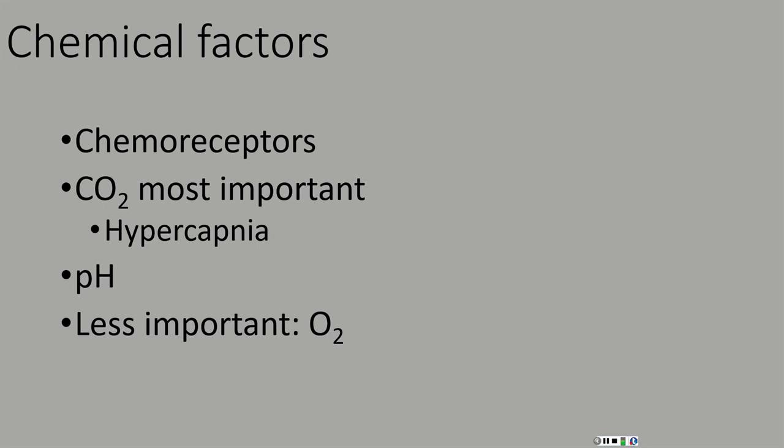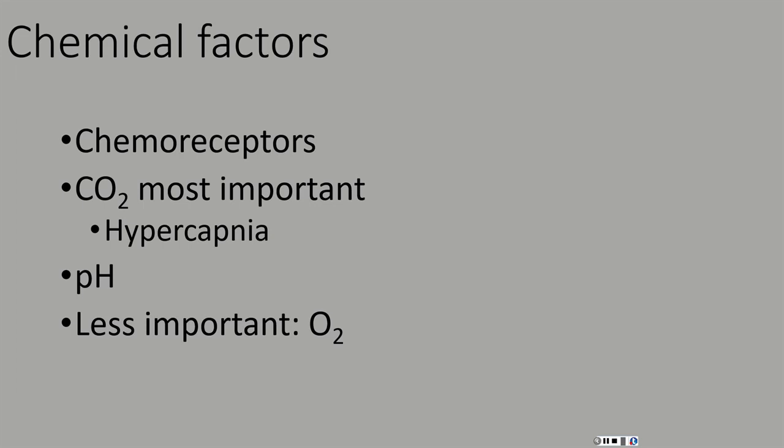But CO2 is by far the most important chemical factor that influences our breathing depth and rate. CO2 is the most important factor that influences our breathing depth and rate.